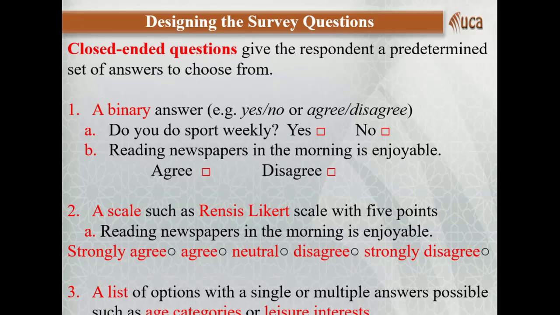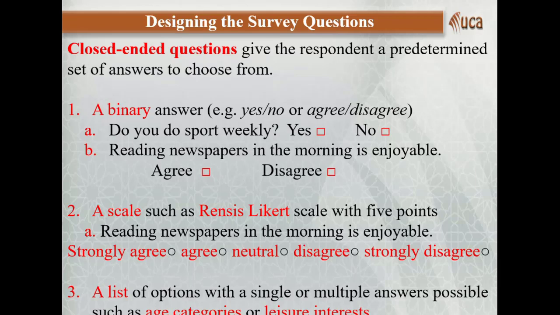Very famous is the Rensis Likert scale, which comprises 5 answers that range from strongly agree, agree, neutral, disagree, and strongly disagree.